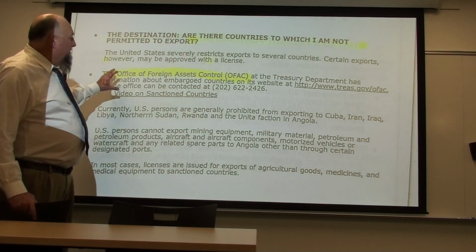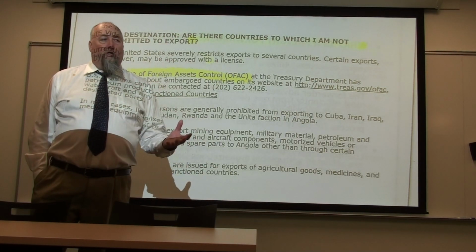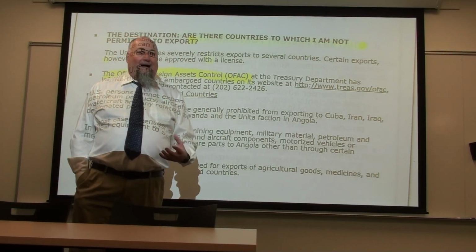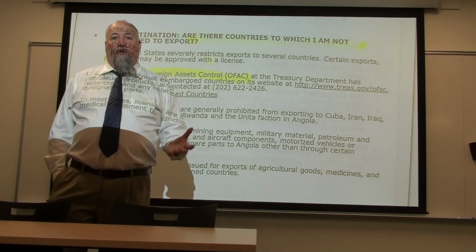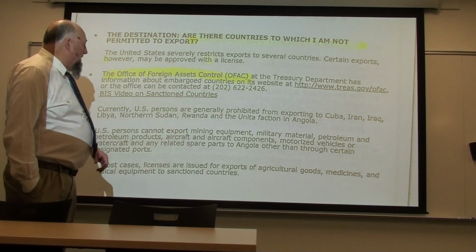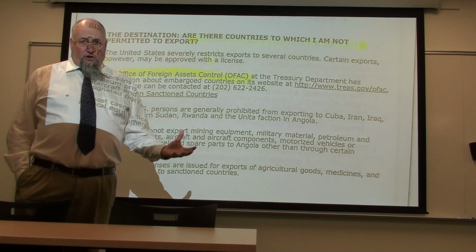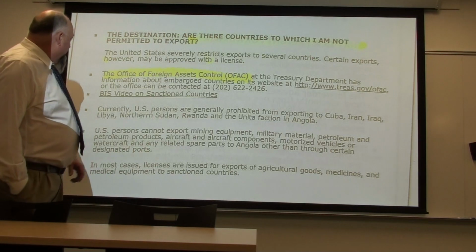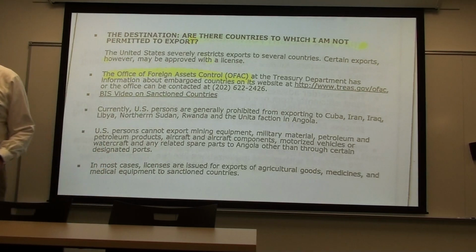And the reason that they're important is they are in charge of putting together information about potential countries or regions for which it is illegal or highly restricted importing or exporting of goods. And they will regulate and prohibit certain countries. And they also put together lists of people that you are prohibited from engaging in business or even charitable activity, which is called the Specially Designated Asset List. So that's where you want to start, with the Treasury Department.